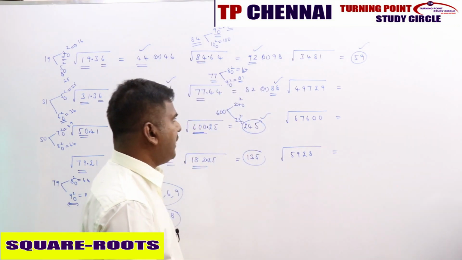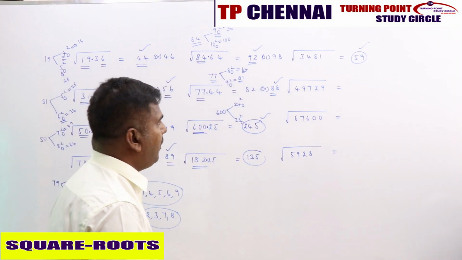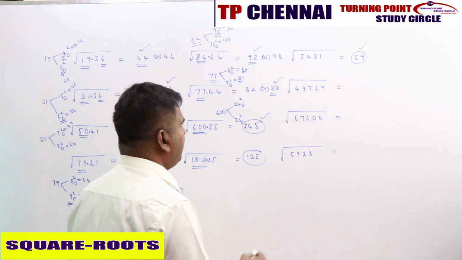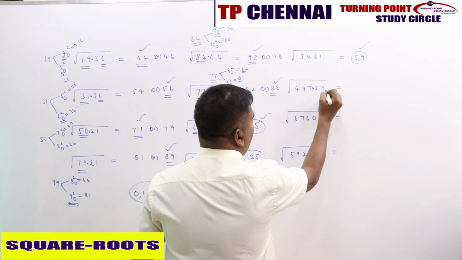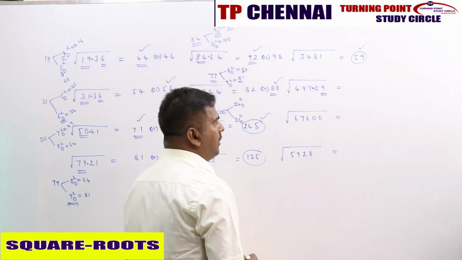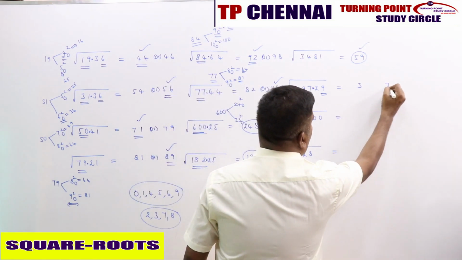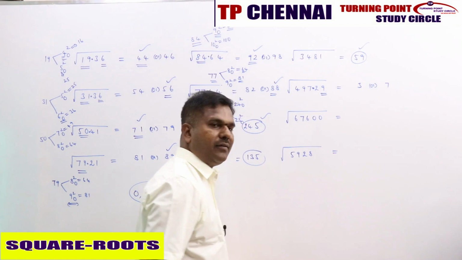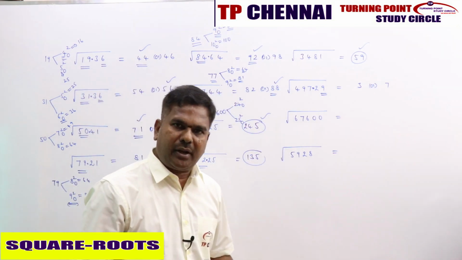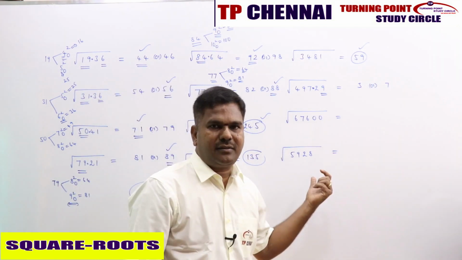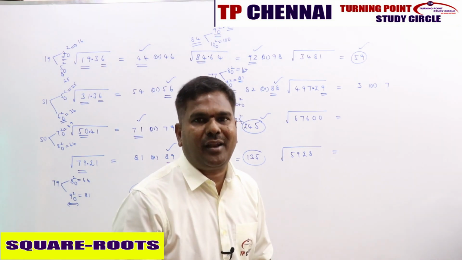Okay. So coming to next one, it's a big one, right? 49729. Ending with a 9. Which squares end with a 9? 3 square and 7 square. This is also without putting pen on paper we can solve, but since it's a bigger number you should not feel confused.